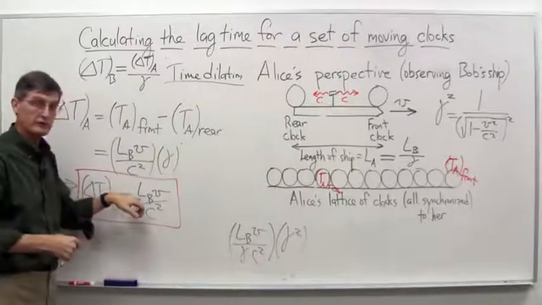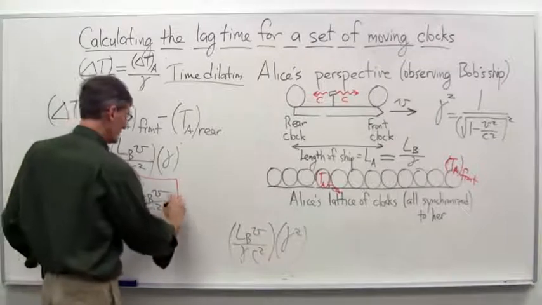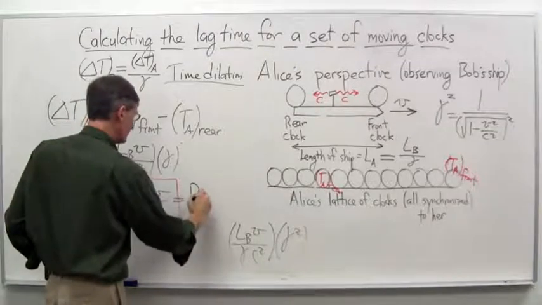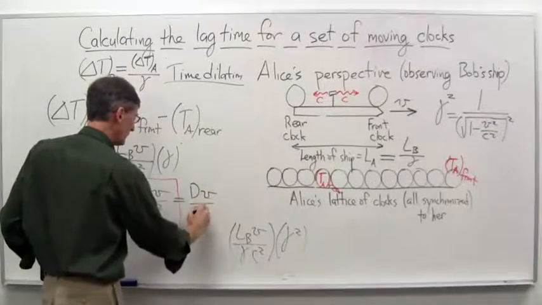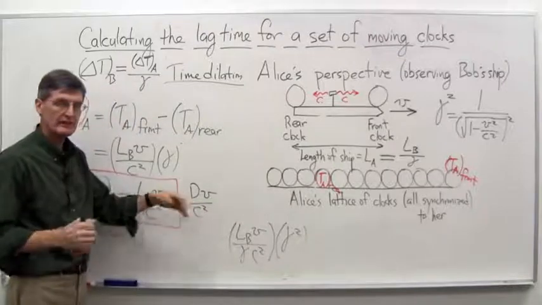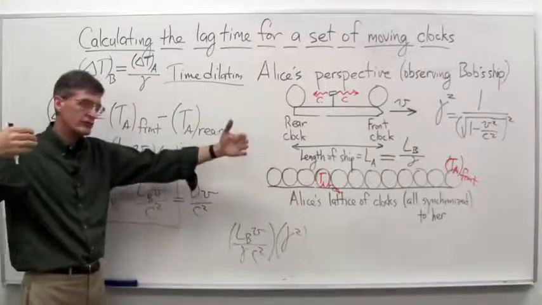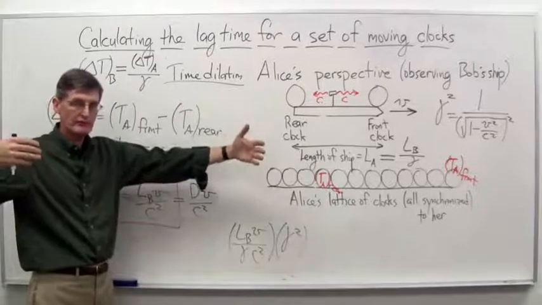I'll know the distance between them. So we can actually write this in general as the distance times the velocity over c squared, where d is the distance between the two clocks in Bob's frame of reference.